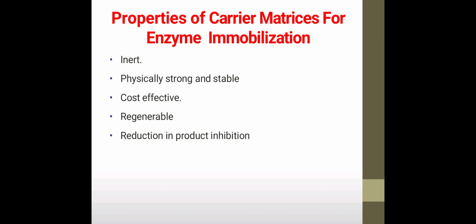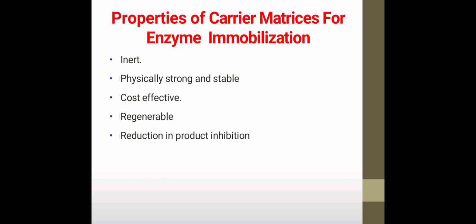Next one, it is physically strong and stable so that the enzyme can be immobilized on it. Then third point, cost effective. If the cost of that particular matrix or support is high, it is not economical. So cost wise we have to consider. If the cost is less, it is more economical.